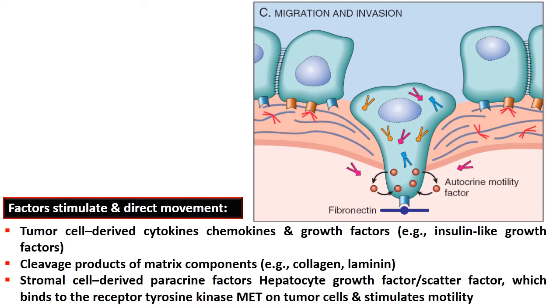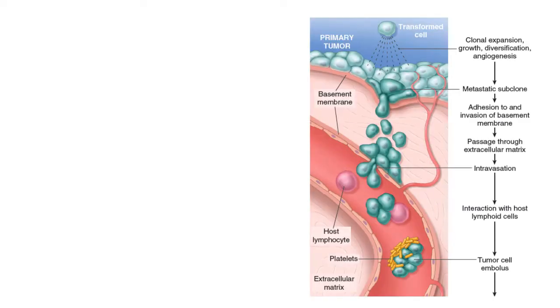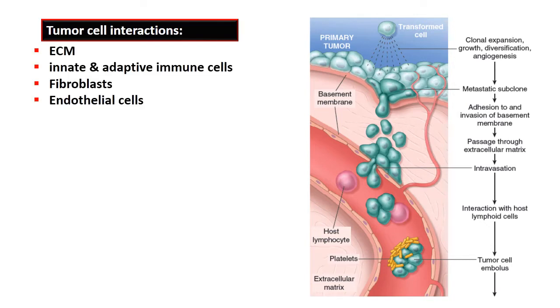These paracrine factors bind to the receptor tyrosine kinase on the tumor cell and stimulate motility. The invading cell makes the environment favorable by the changes made in the extracellular matrix and the secretion of various factors in the environment. The motto of these malignant cells is to acquire access to vascular space, which is the initial step in metastasis.